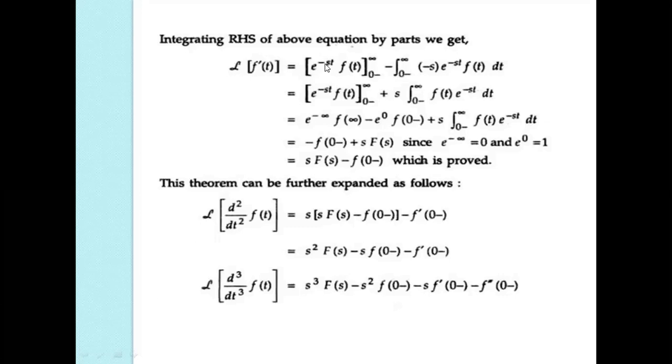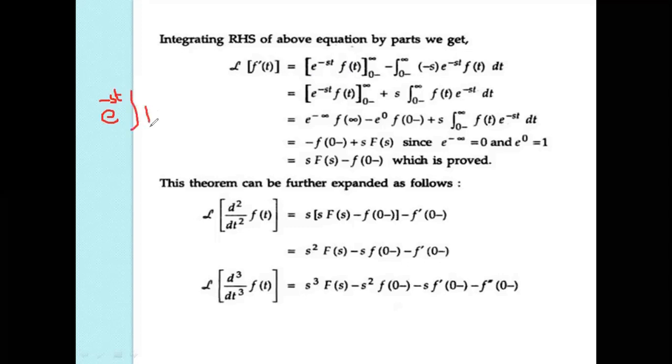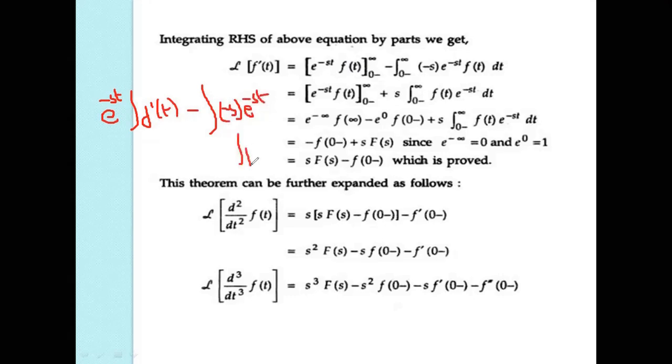See, the by parts I am applying: taking the first signal e power minus st, for the second signal the integral of f dash of t, minus the integral of the derivative of the first signal. What is the derivative here? Minus s into e power minus st, and again the integral of f dash of t dt.